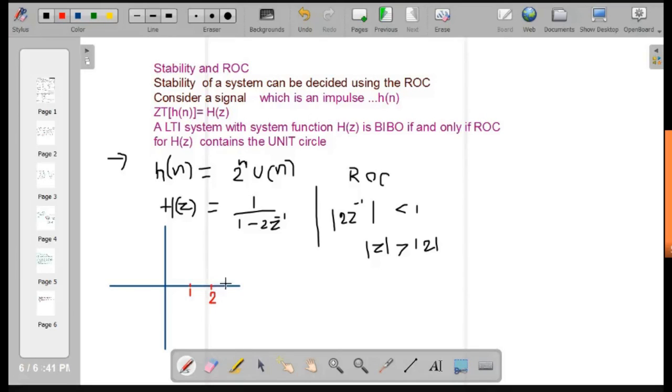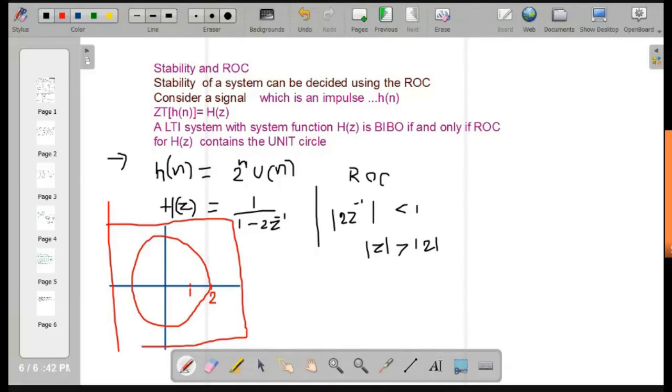So my mod z is greater than 2. First I will draw a circle passing through 2. And where is my ROC? It is exterior to the circle of radius 2, because this is causal. For a causal signal, the ROC is exterior.